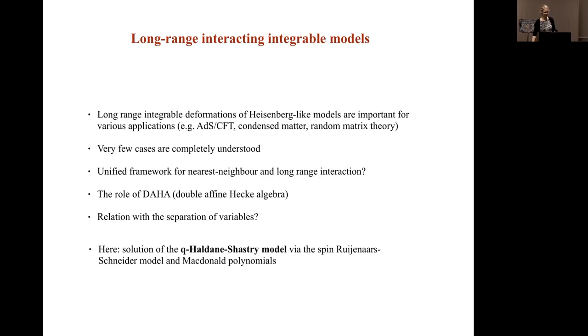It's called the double affine Hecke algebra. I will use this object in my talk, but the fact that you have this very beautiful constrained object means that you are not free to look at other deformations.